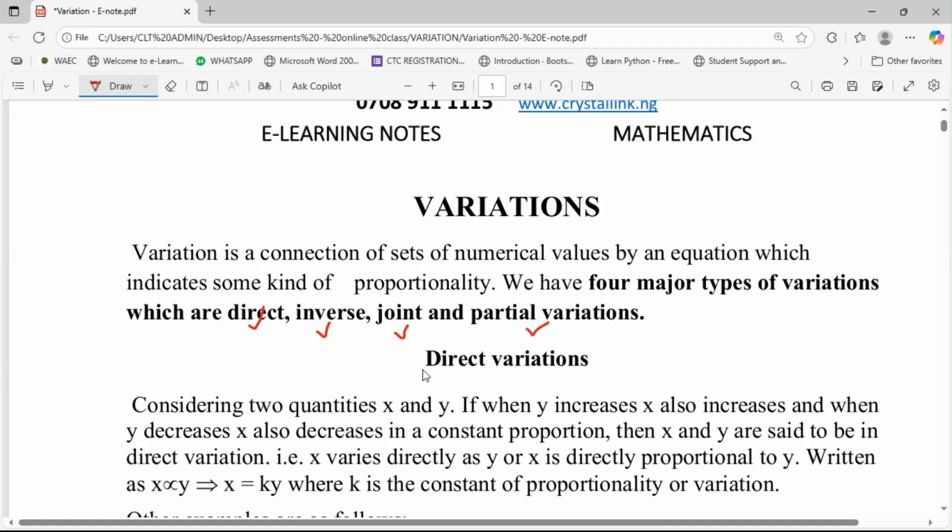As I said earlier, direct variation, joint variation, and inverse variation, you come across a lot in your physics and chemistry, as well as some topics in economics. For instance, if you talk of demand and supply in economics, you find application of variation there. So let's go straight to look at the various types one after the other. We start with direct variation.